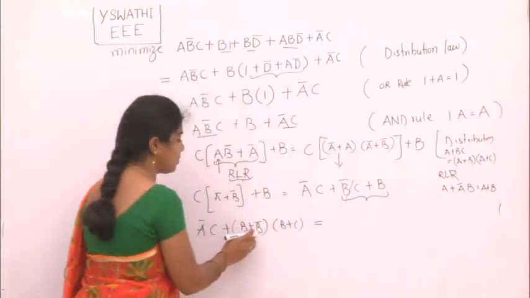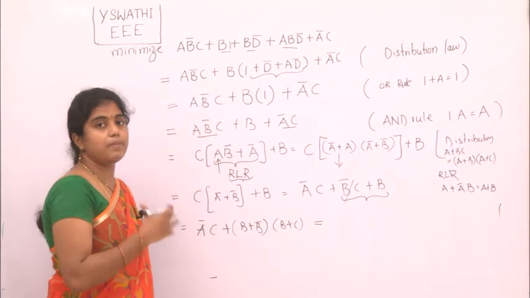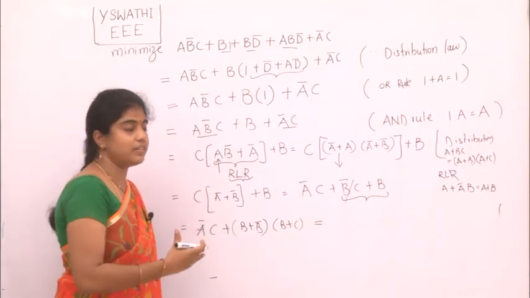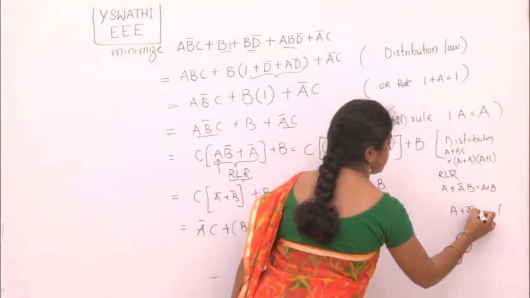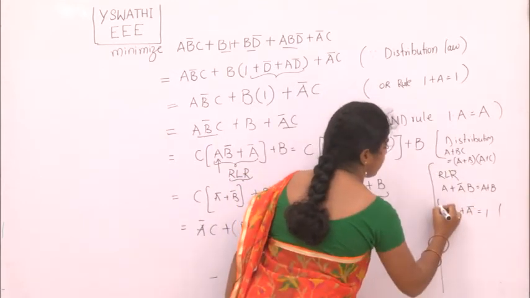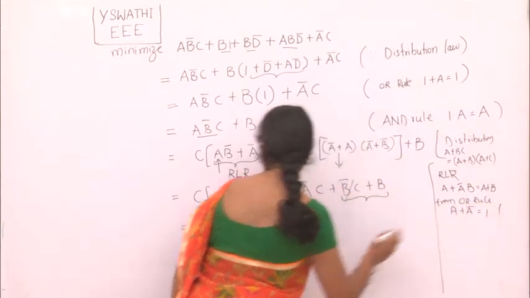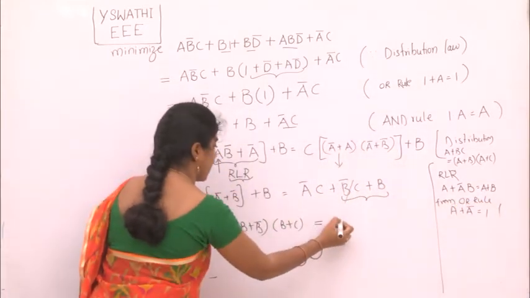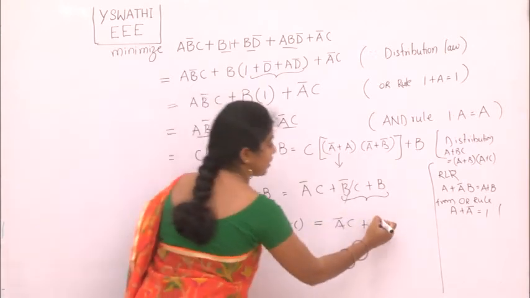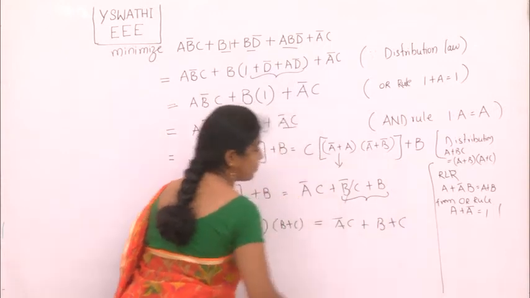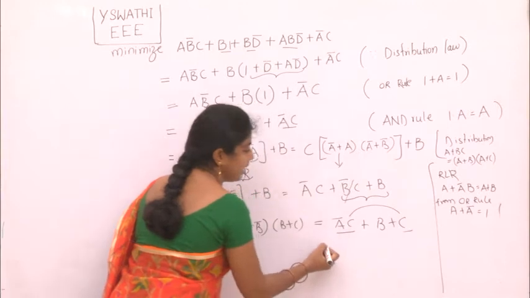So how does it become? B plus B bar. Any variable ORed with its complement will give you 1. A plus A bar is equal to 1 from the rule. So this becomes A bar C plus B plus C, and we can write it as B plus C. Again you can take C as common in these two literals.